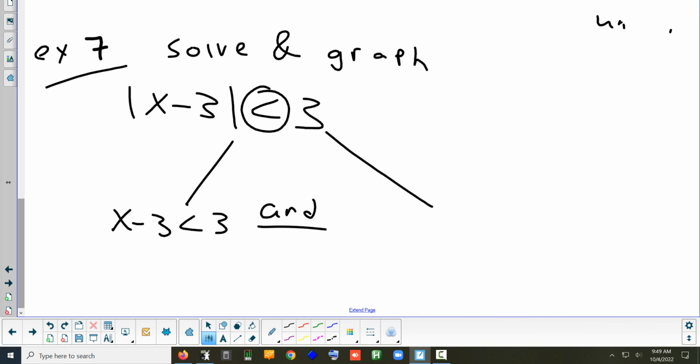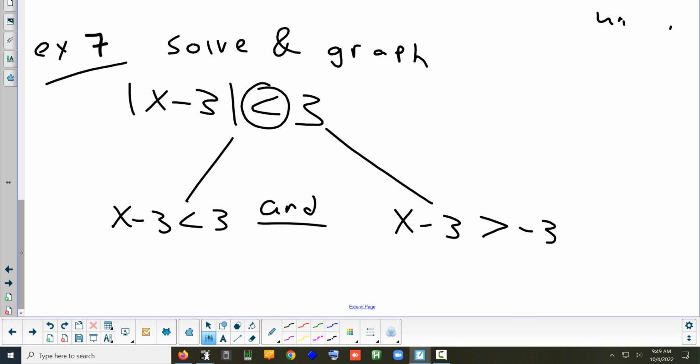X minus 3 is less than 3. And now the second one we have to be a little careful. We got to do two things. Three things if you count getting rid of the bars. X minus 3 is greater than negative 3. There you go. Now we solve it by adding 3 on both sides.